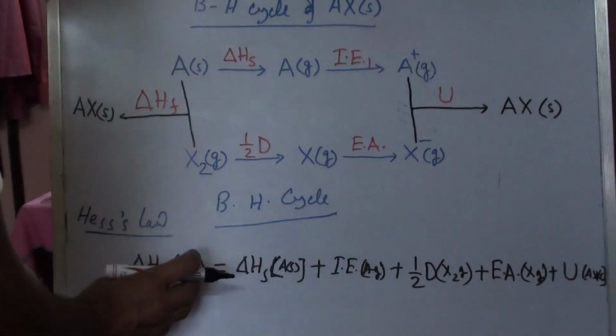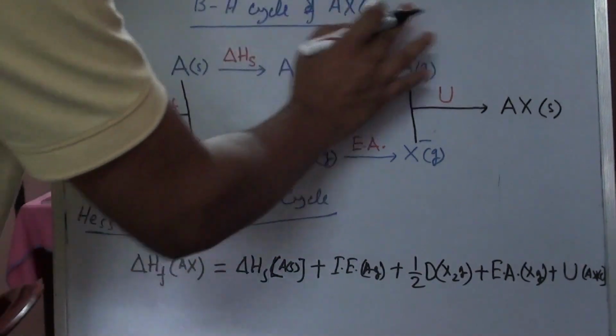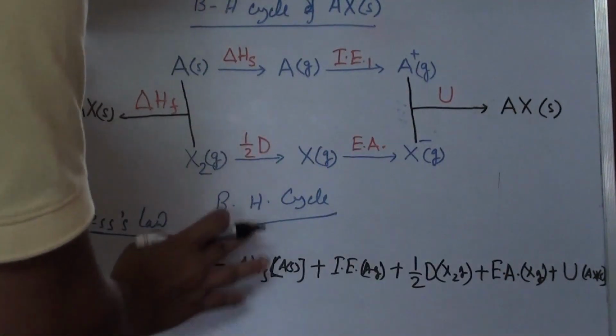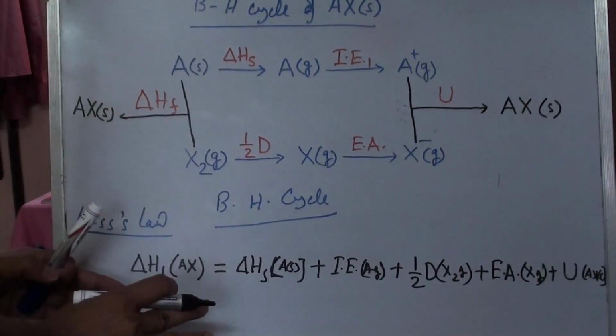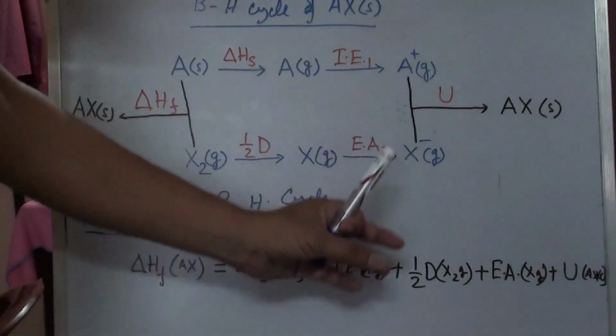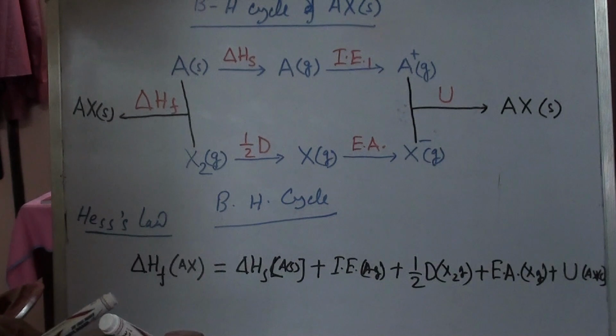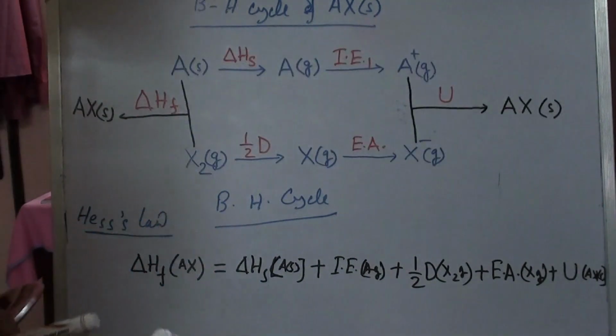So delta H formation is nothing but the summation of all terms involved in this cycle. From this equation we can calculate any parameter, any term, by putting in the other values.